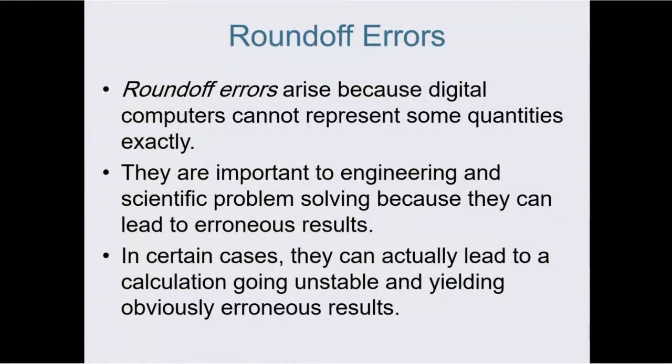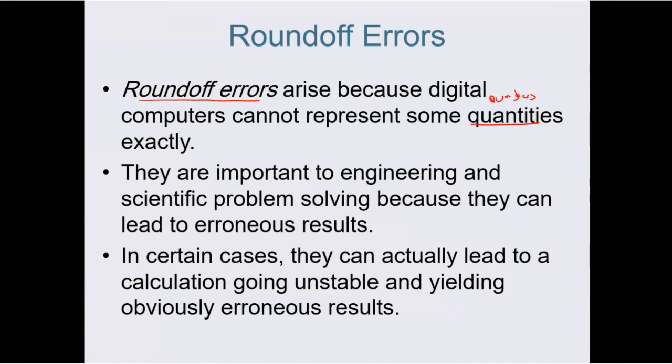Once we use computers for numerical methods, we end up with round-off errors. Round-off errors come into the picture because digital computers cannot represent some quantities exactly. Quantities means numbers. So the way computers work, they are not able to represent the numbers exactly.